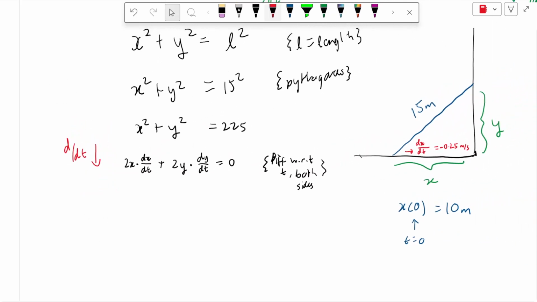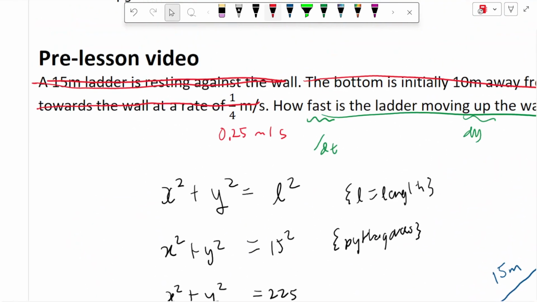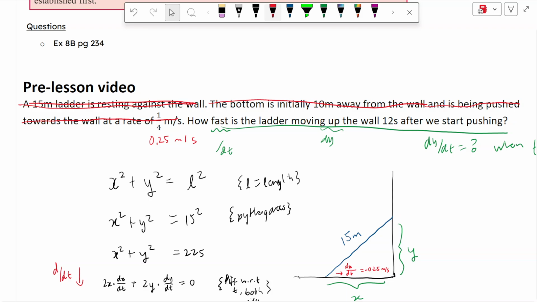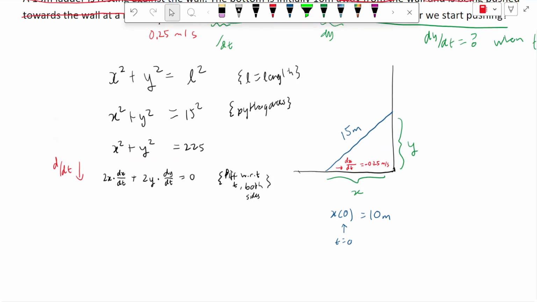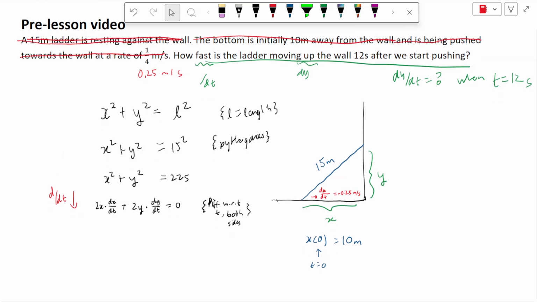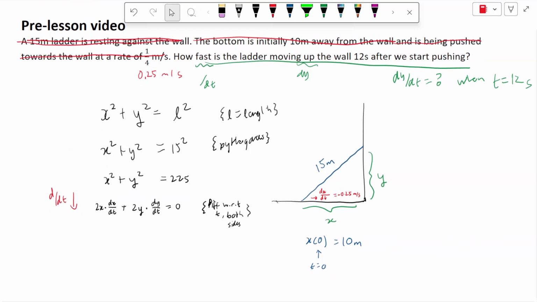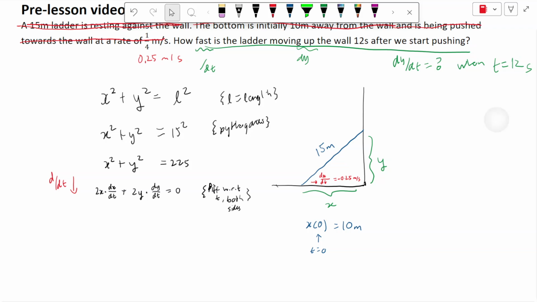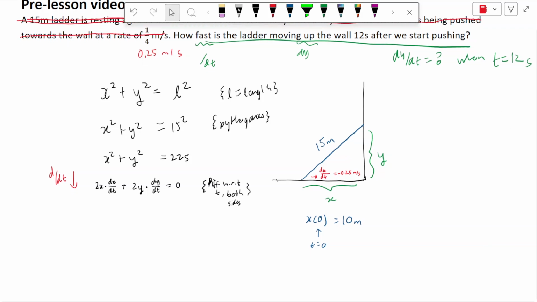Now, we've usually got 3 out of 4 of these things. So remember, we were after dy over dt. And let's see if we can get that. The ladder is being pushed towards the wall at a rate of 1/4 meter per second.